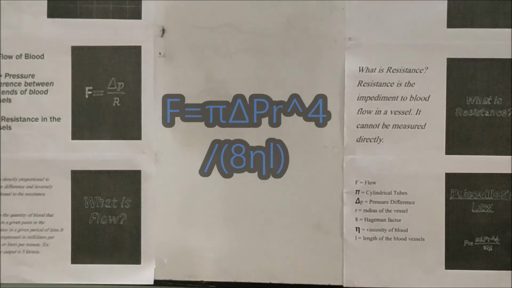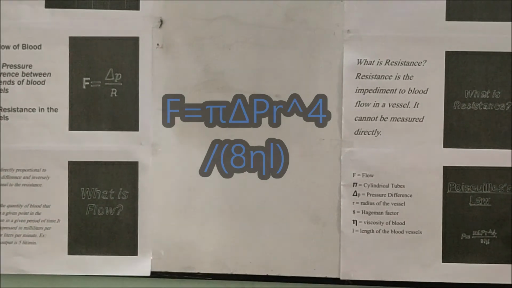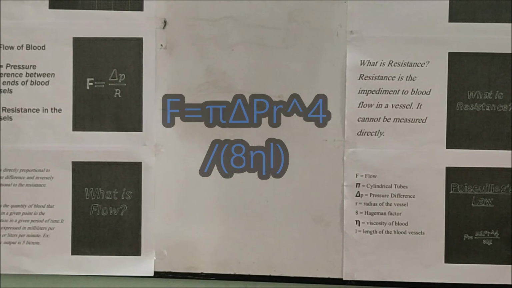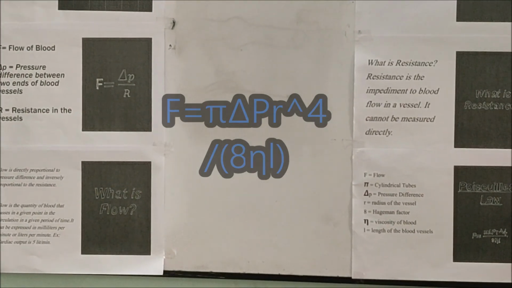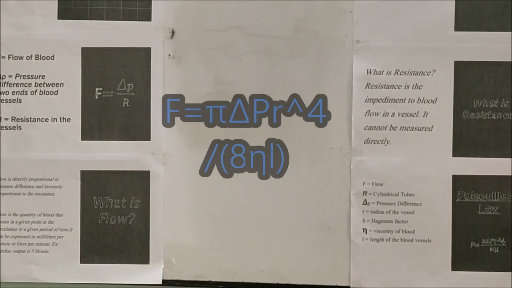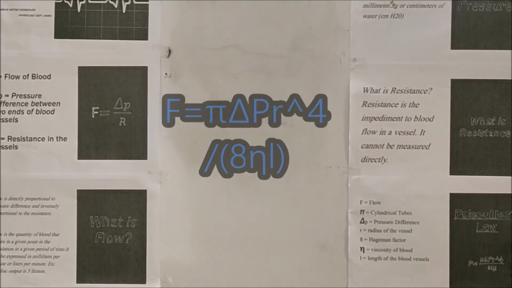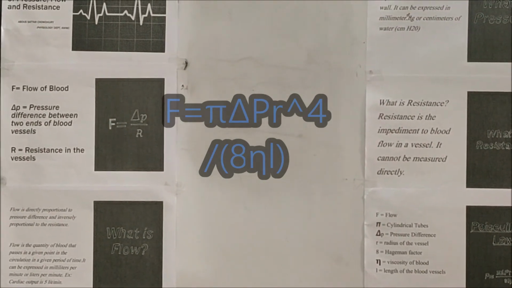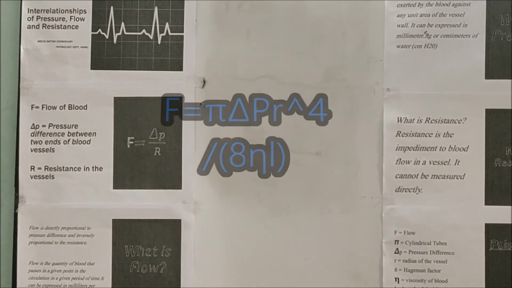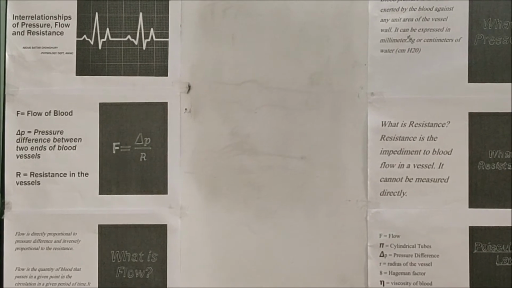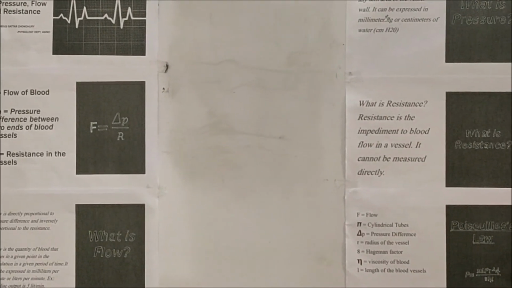Now, when the viscosity of blood is increased, if you compare the viscosity of blood with water, if the viscosity of water is 1, then blood viscosity is 3 times as great as water, and plasma is 1.5 times that of water.